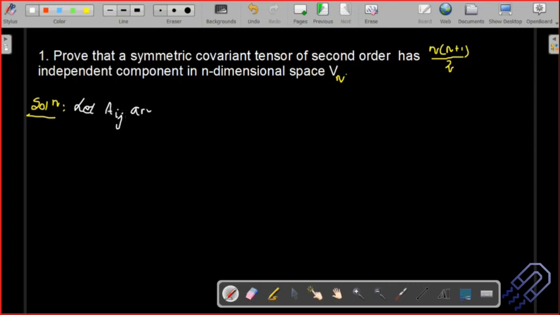So let aij be the components of a symmetric covariant tensor of second order.